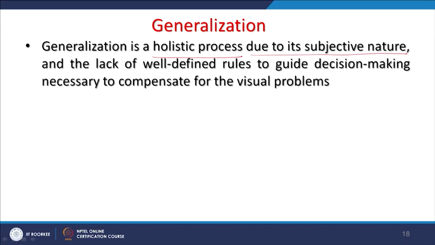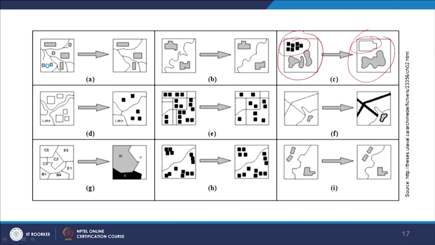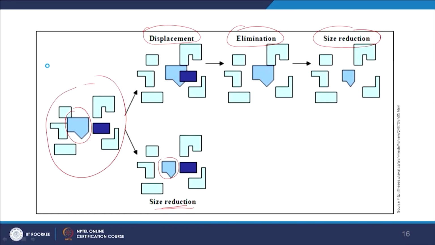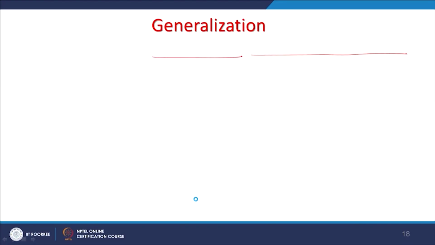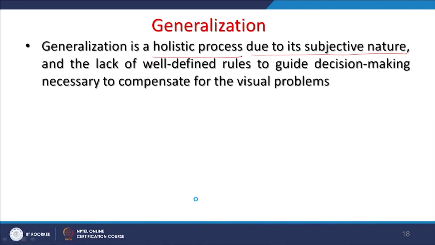Because it is subjective, whether I will go for displacement, elimination, or size reduction, as I have shown in the previous example, is a judgment call. That is why in this definition there is the subjective nature, and the lack of well defined rules to guide the decision making necessary to compensate for the visual problem.